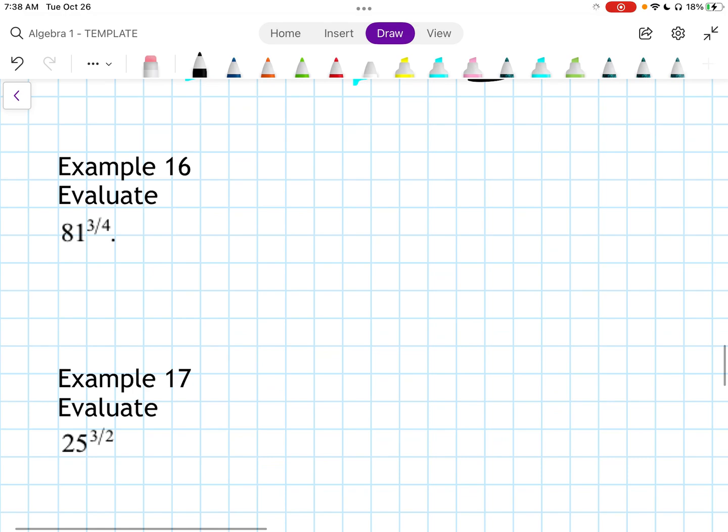Example 16. Well, this will be the same thing as the fourth root of 81. I'm going to put the cubed on the outside. Well, the fourth root of 81 is 3. Now, we're not going to worry about the plus or minus because it was already written as a root.